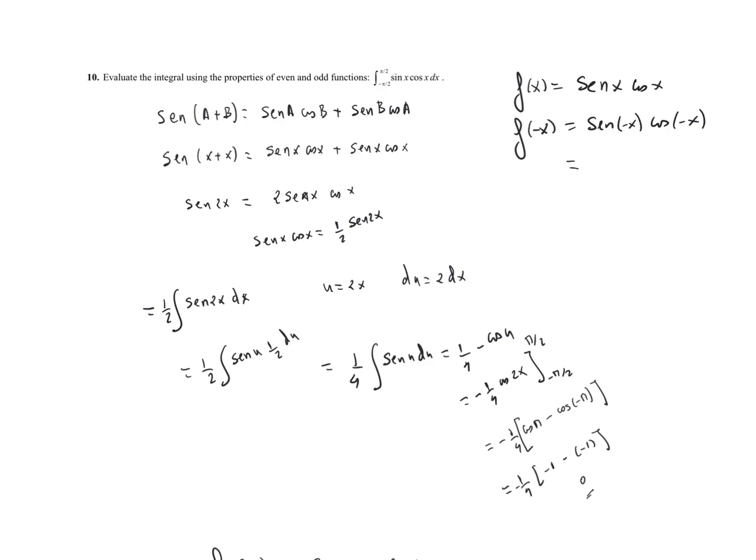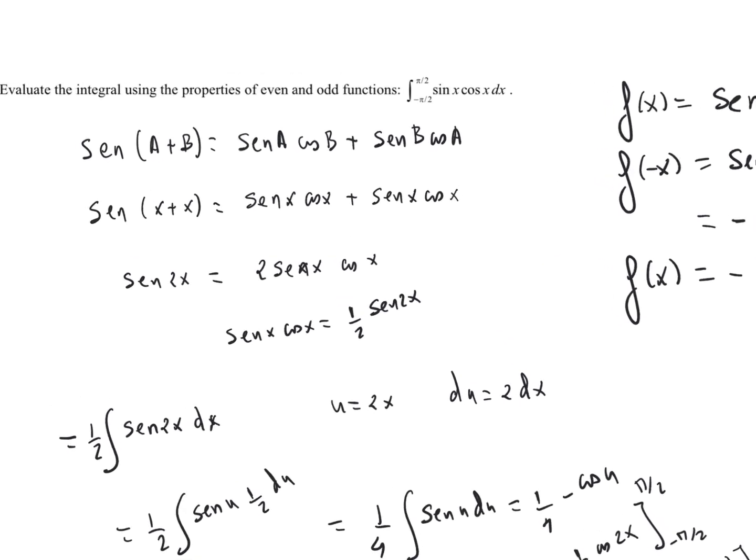But sine of minus x is minus sine of x, and cosine of minus x is cosine of x. So f of minus x is clearly minus f of x.